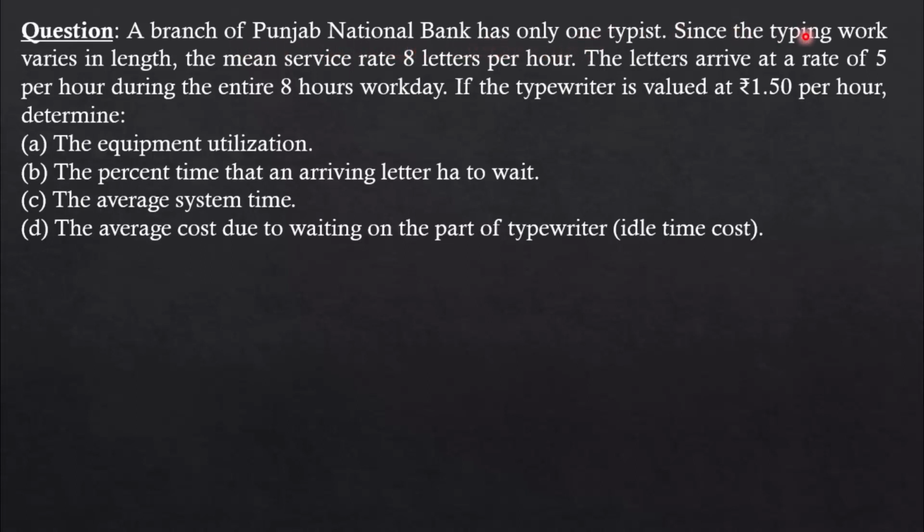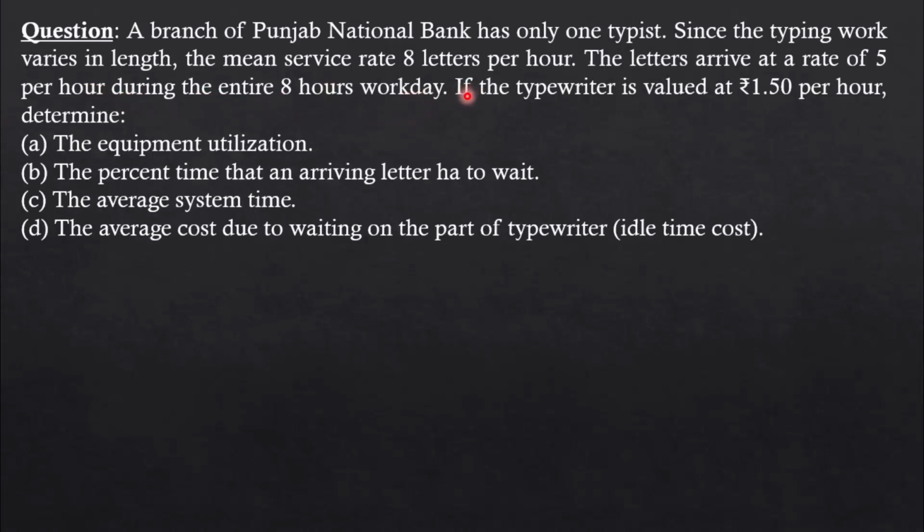Since the typing work varies in length, the mean service rate is 8 letters per hour. The letters arrive at a rate of 5 per hour during the entire 8 hour workday.